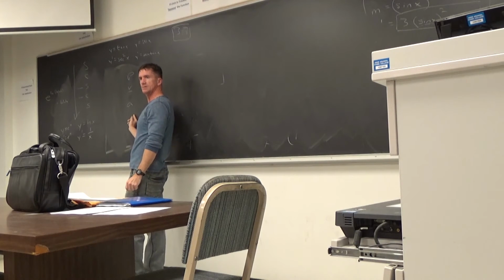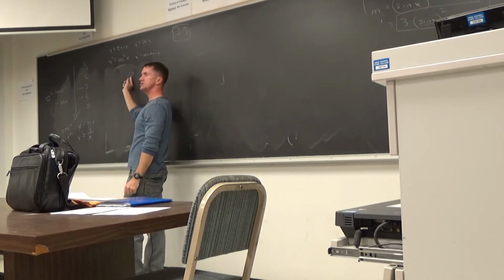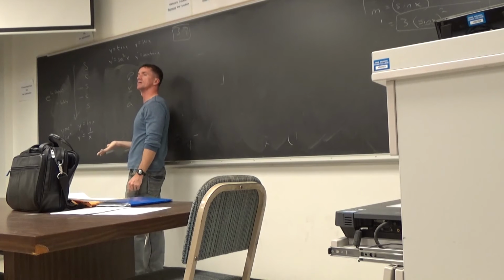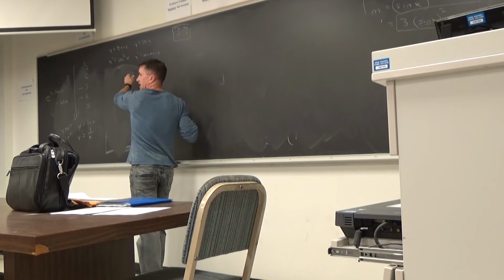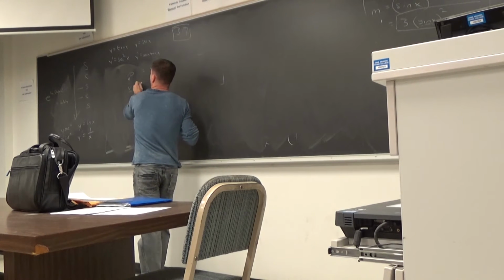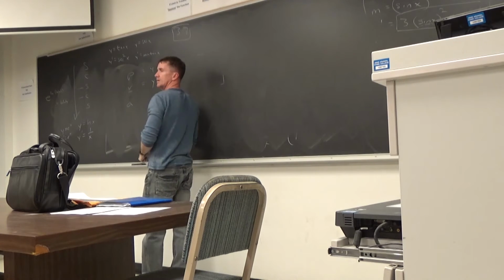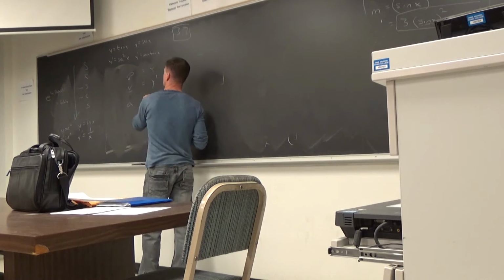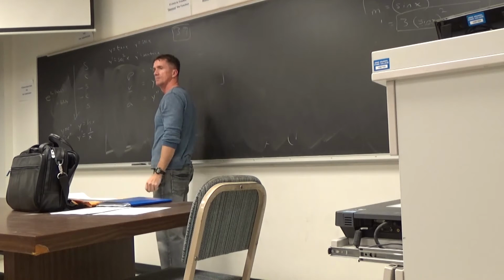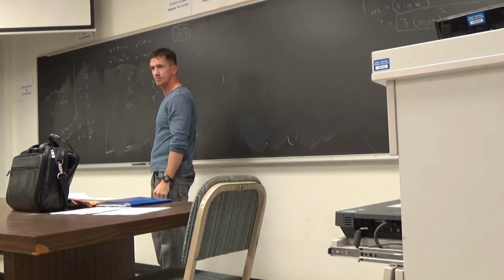Rate of change of position with respect to time, we call that velocity. Rate of change of velocity with respect to time, we call acceleration. So I'm just going to put PVA up here. If this was a y, then this would be y prime, and this would be y double prime.